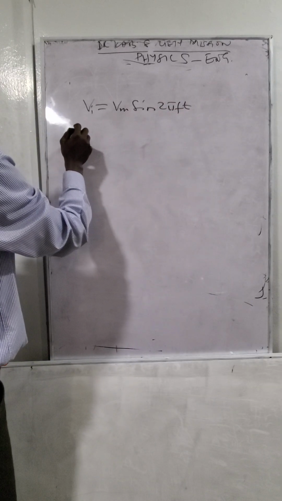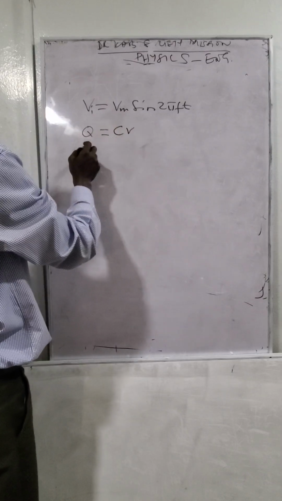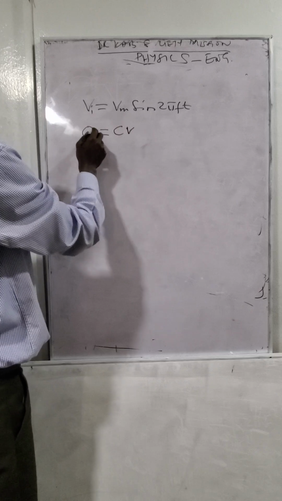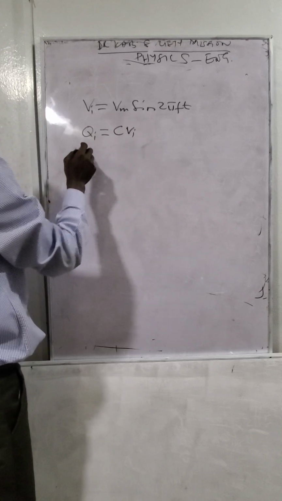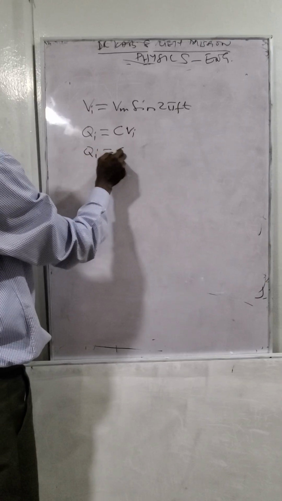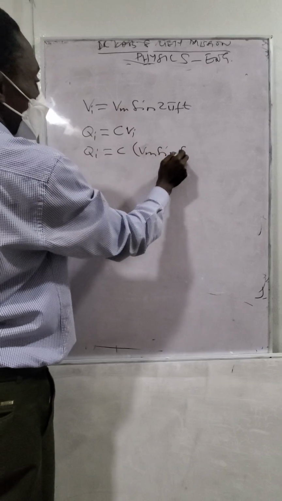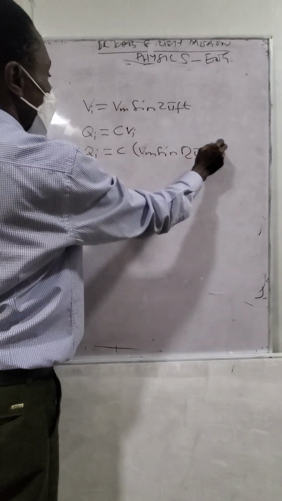Then we said Q is equal to CV. Q instantaneous is equal to this, and we came to the point that instantaneous Q is equal to C into bracket V max sine 2 pi f t.